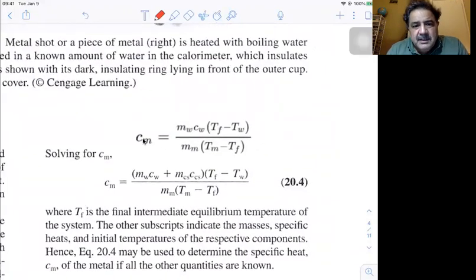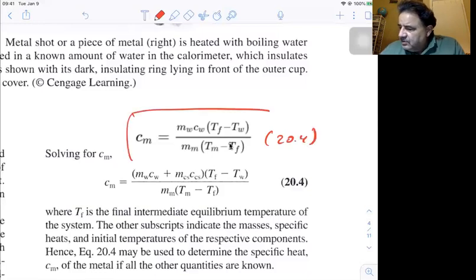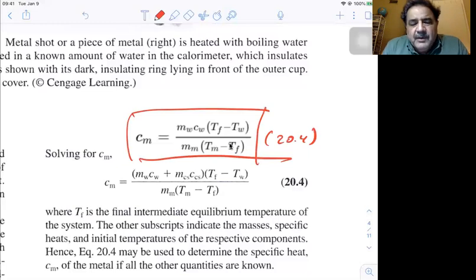The specific heat of the metal is equal to the mass of the water times the specific heat of water times the difference between T final and the initial T water, divided by the mass of the metal times the temperature of the metal minus the T final. These two will be the same in our equation. So this becomes our new 20.4, and this is the one that you need for this experiment.